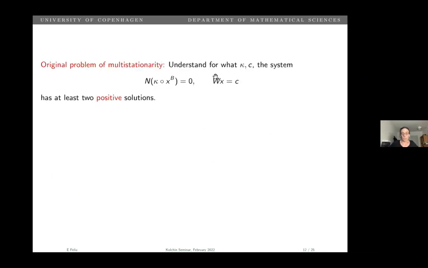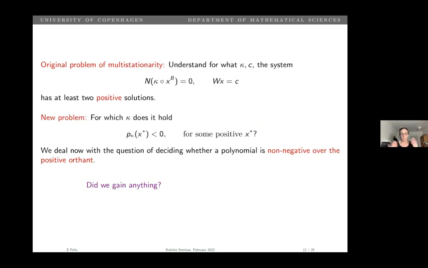But well, here we could work it out. I mean, we had an original problem of understanding the case for which there is a C, such that the system has 2 positive solutions. And this problem has been transformed into another problem, that is, for which k can my polynomial attain negative values for positive x, right?